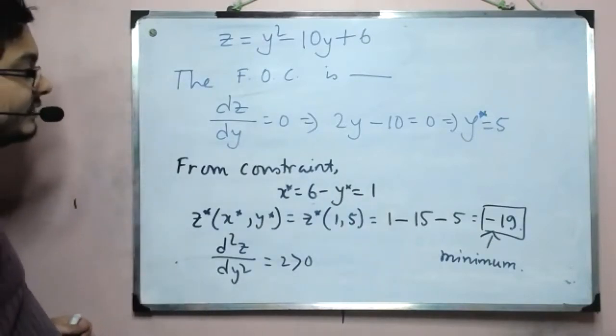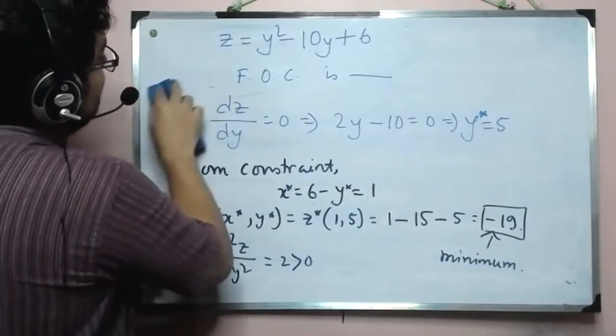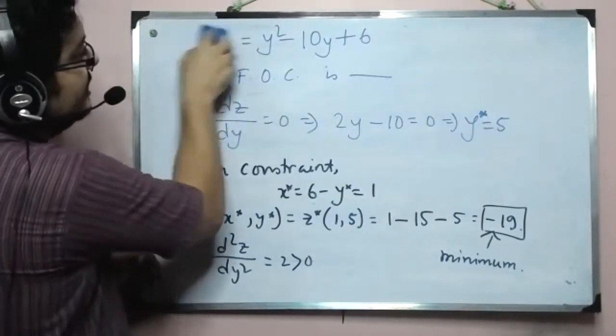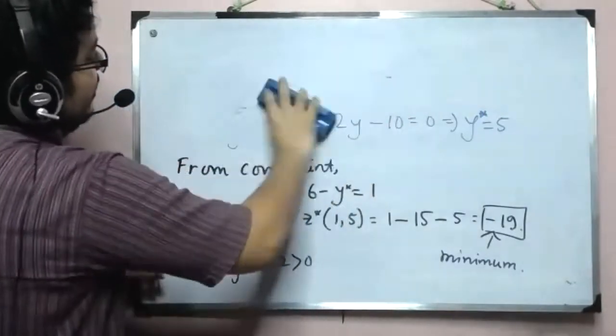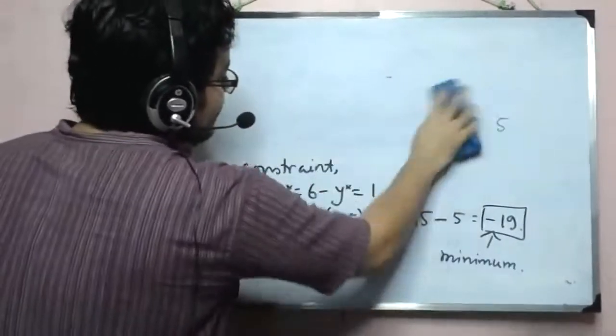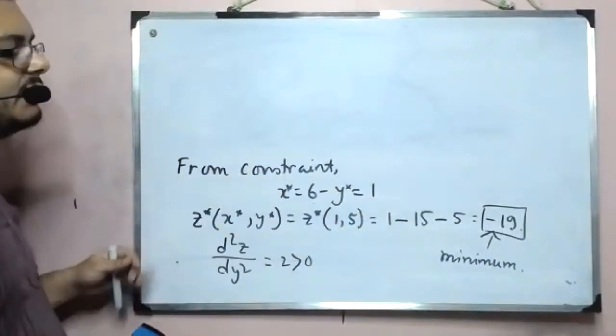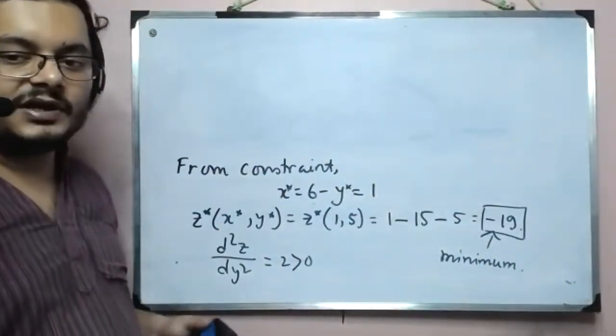Okay, now one of the reasons for using Lagrange's method is essentially this: the problems of constraint optimization are not really only of bivariate type.